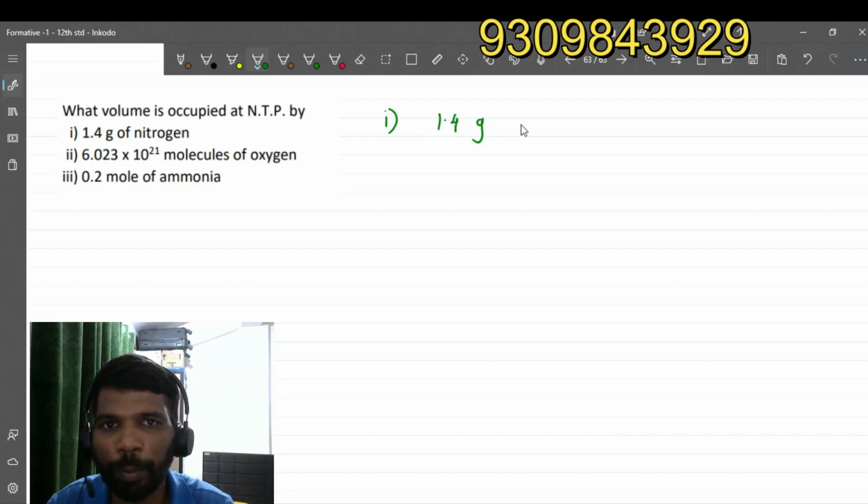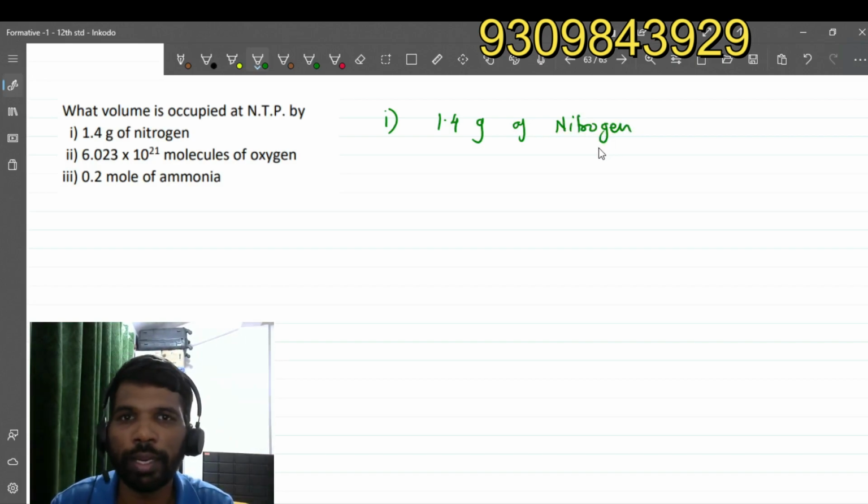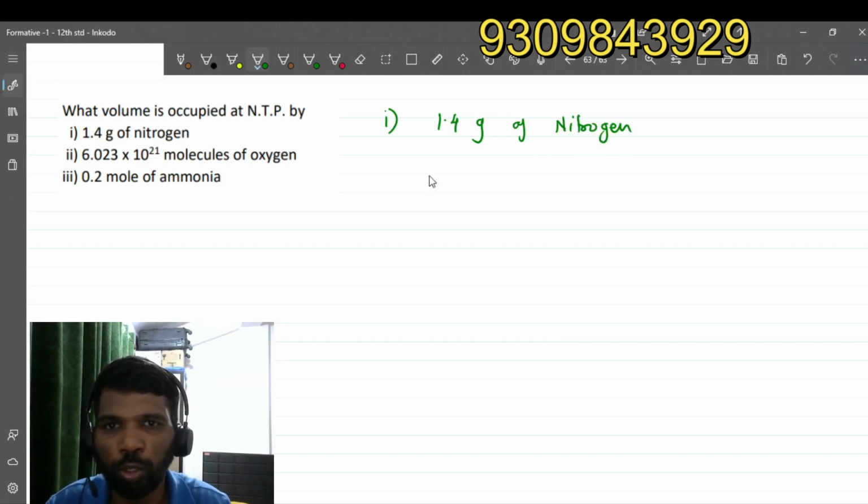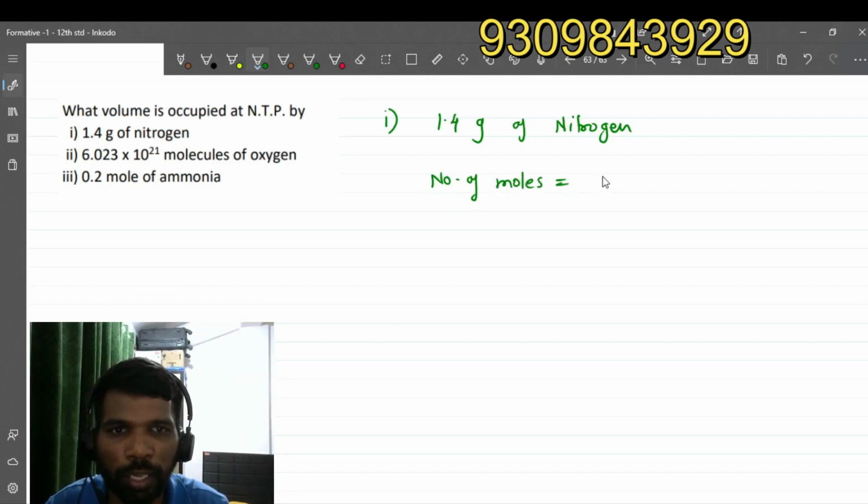1.4 gram of nitrogen. Before taking the volume of any gas, we should know the number of moles present. What is the formula for the number of moles? Number of moles is given weight upon molar mass.